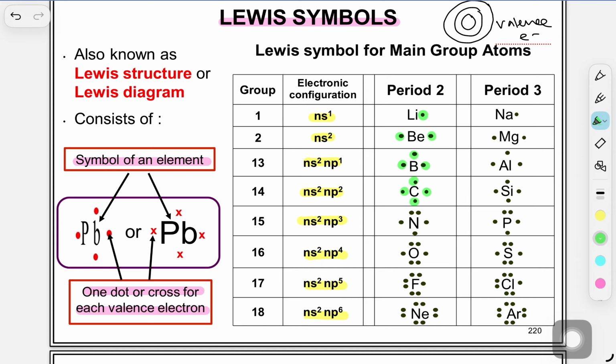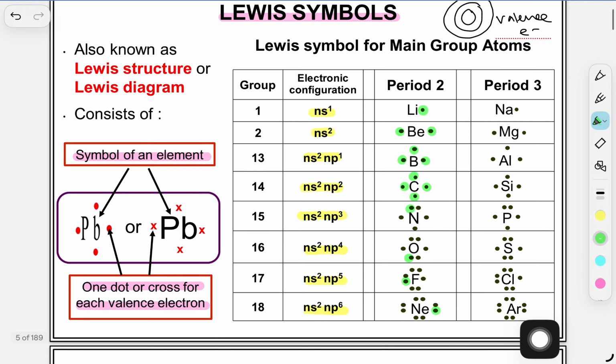You start with one of the sides. So in this case, they start on top and then they go down. Next, they go left and then they go right. Okay, so you can do atas bawah kiri kanan or kiri kanan atas bawah lah. Alright, I would always go with kiri kanan atas bawah. Somehow I like it like that. So this is how you draw Lewis symbols for atoms.